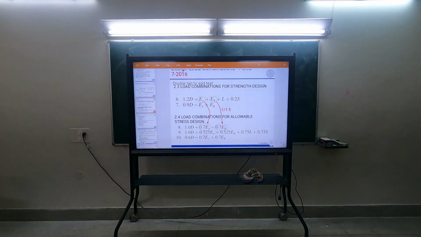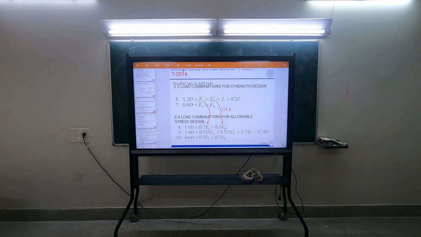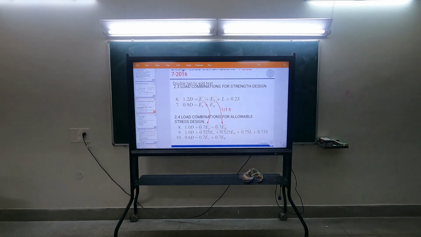We are not having a different design for earthquake. The design of RCC or steel members is the same as we do for gravity, the same partial factor of safety we are using, and the same definition of characteristic strength we are using. So our definition of strength and method of design remains the same for all the loads.